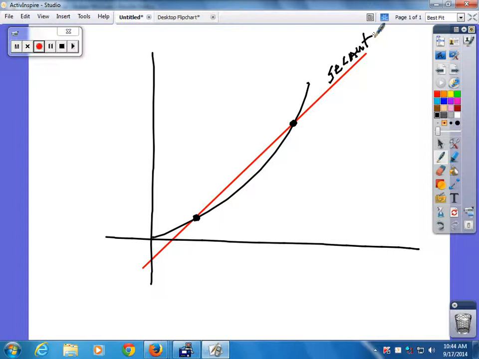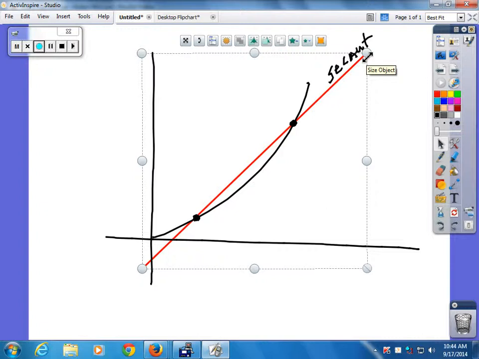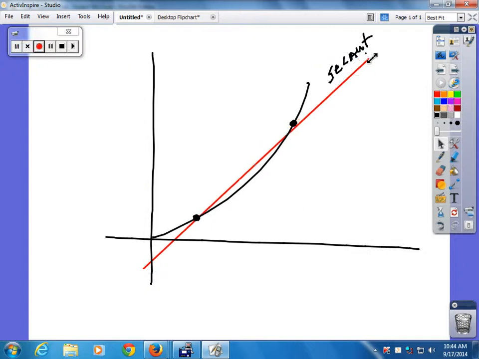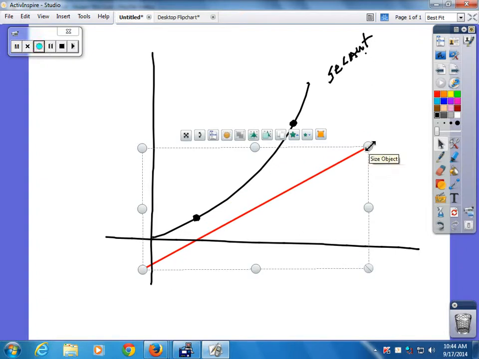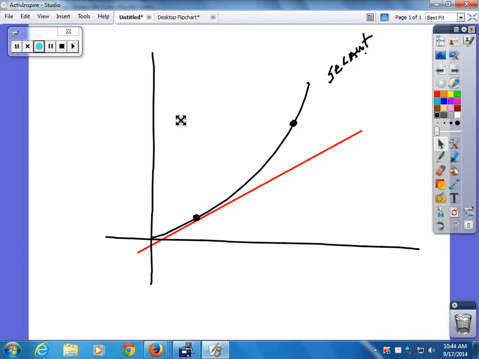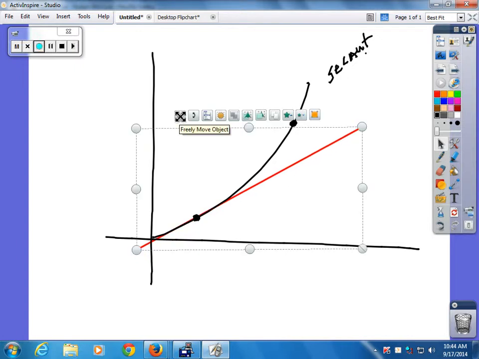Eventually, the secant line, if I bring this point closer and closer to this point, what does the secant line become? Well, no, it's not the secant line anymore.